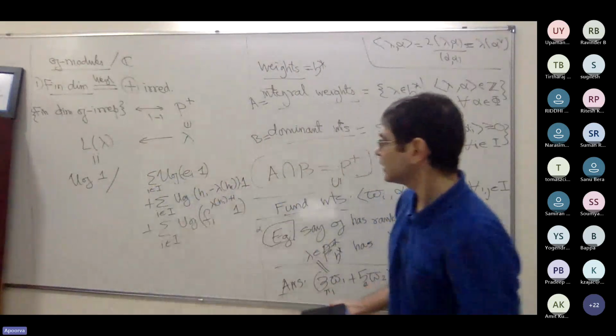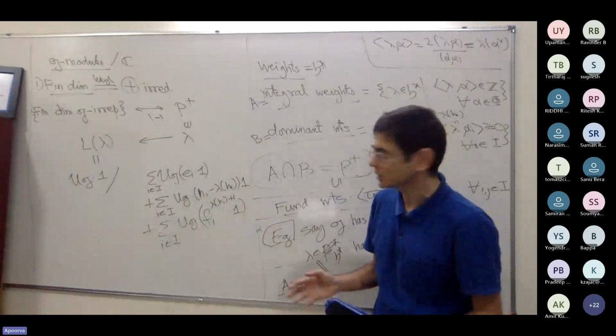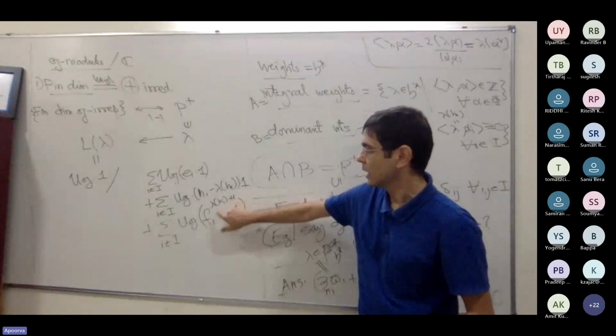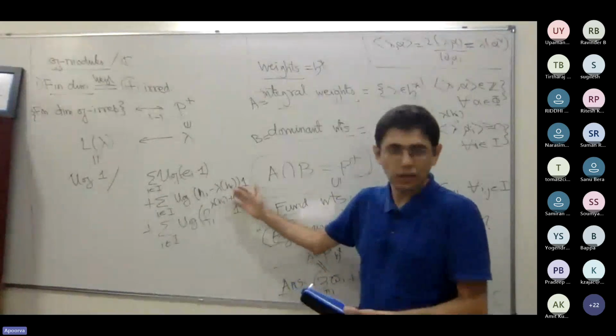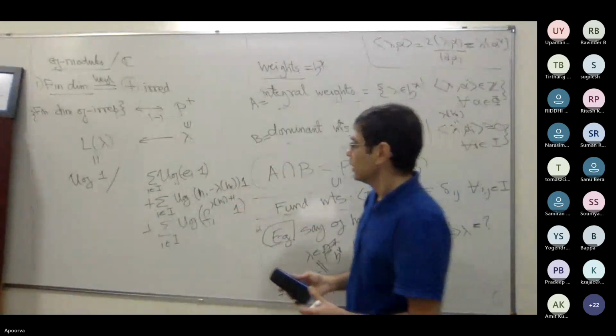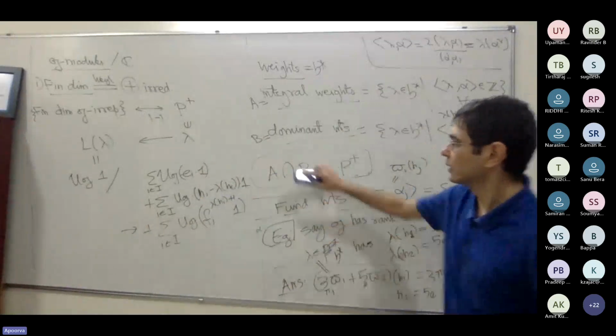Now notice that the only place where we use the fact that lambda is a non-negative integer is here, because we are raising some vector in an algebra to some power. We have to raise it to an integer power. So what if we forget this condition? What happens if we do that?